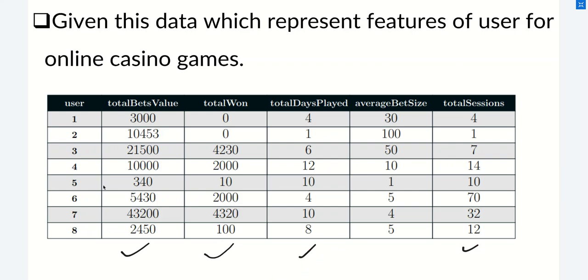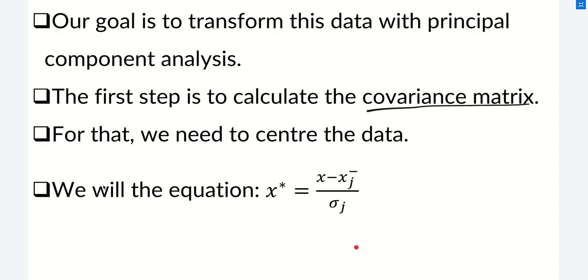Once we do that, we're now going to do standardization. We're going to standardize our data. This is not normalization. We are not normalizing here, we are standardizing. So we pick each column, and each column has a mean and standard deviation. We subtract the mean from the example, then we divide by the standard deviation.